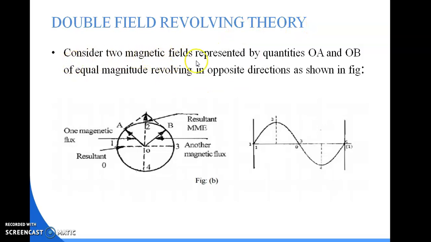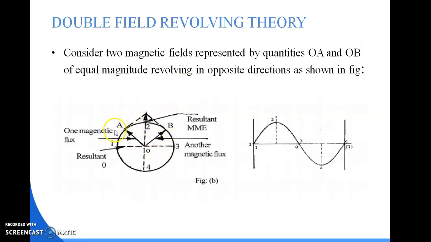Consider two magnetic fields represented by quantities OA and OB of equal magnitude revolving in opposite directions as shown in the figure. Here we can see OA and OB. These are two magnetic fields. Now, this is the point 1, 2, 3, 4.